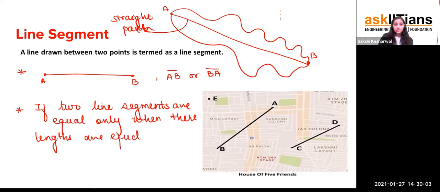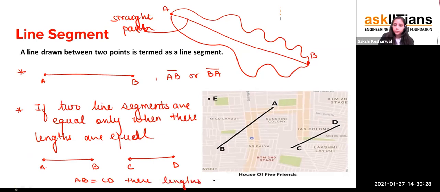So can I say that the lengths are equal means what? Let us say this is line segment A, this is B, this is C, and this is D. So I can say that AB is equal to CD means their lengths are what? Equal.